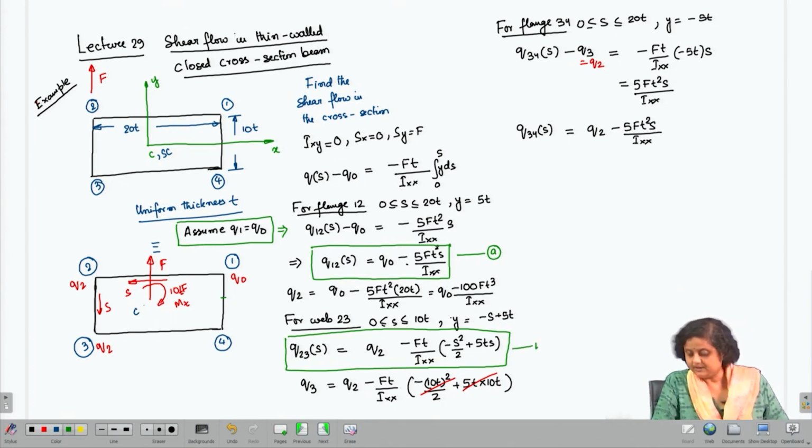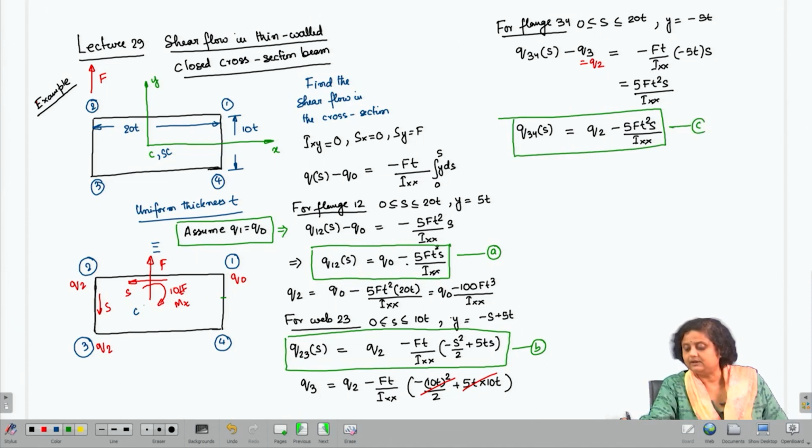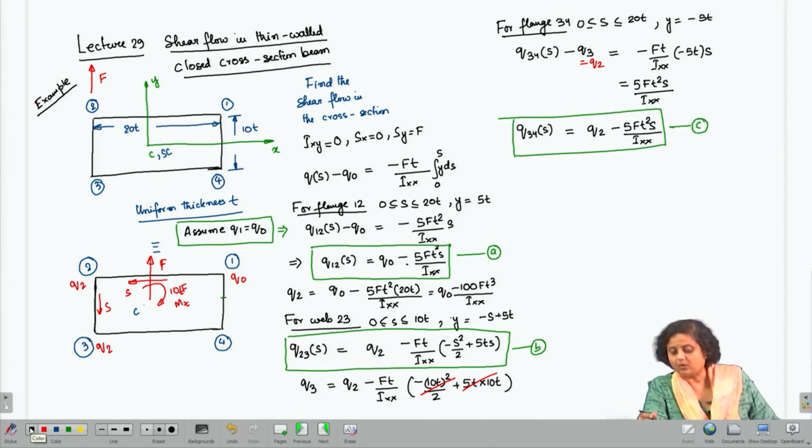So, this is B and this is going to be equation C.